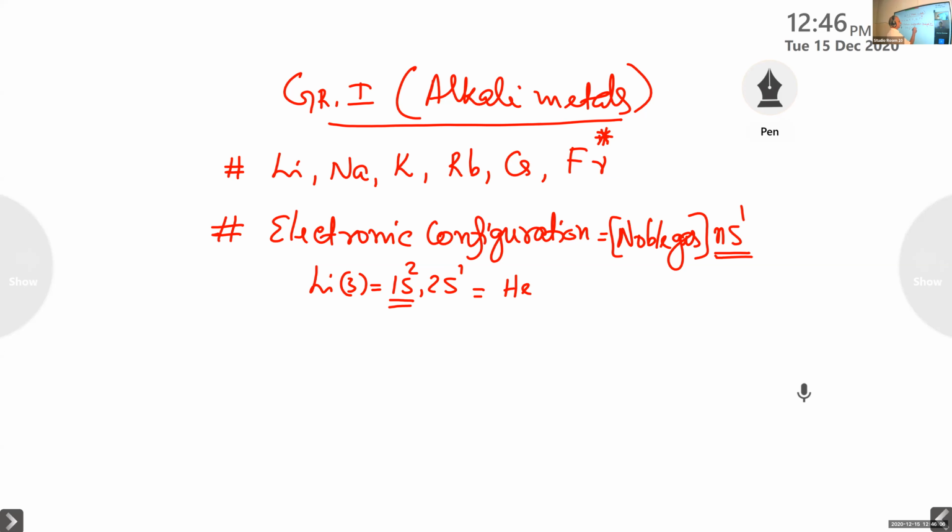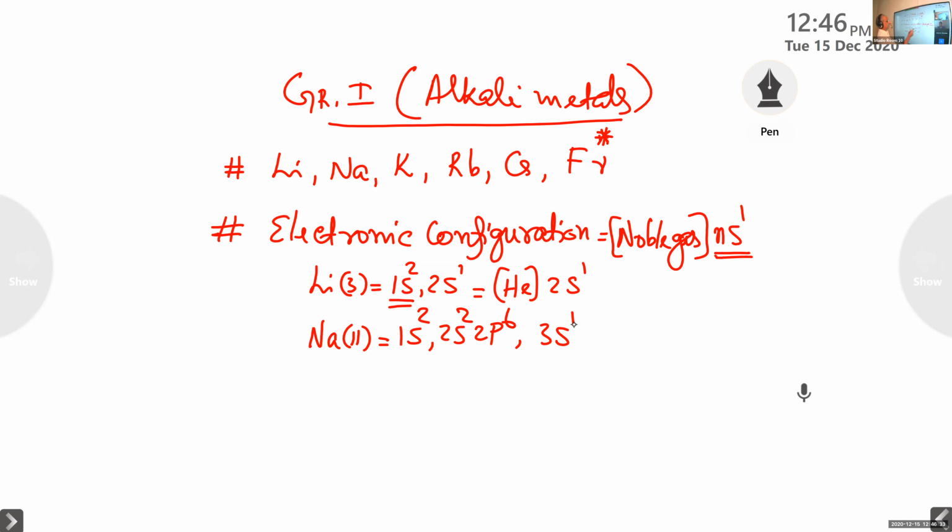So helium configuration and 2s1. Now you take the next one, sodium, atomic number 11. And the configuration is 1s2, 2s2, 2p6, then 3s1.